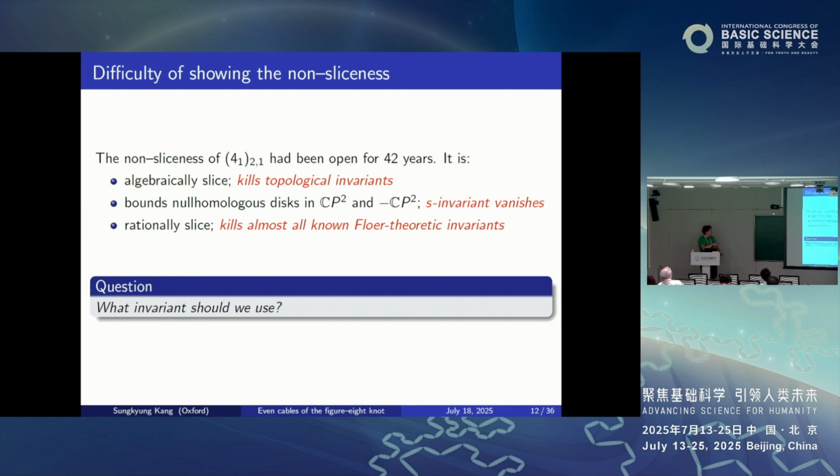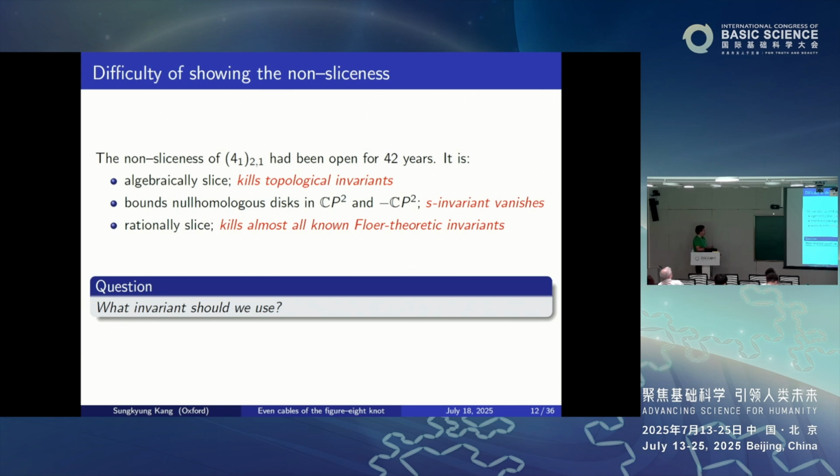And then it also bounds a null-homologous smooth disk inside CP2 minus a puncture, and also in its reverse, minus CP2. And once this condition is satisfied, then it follows from work of Manolescu, Marengon, Sarkar, and Willis that the s-invariant, which comes from Khovanov homology, also vanishes. So Khovanov homology cannot be used.